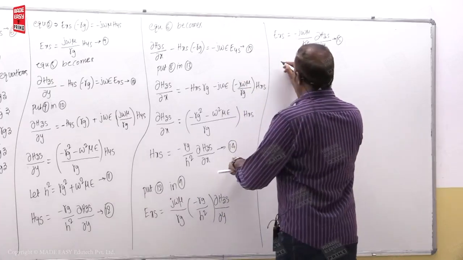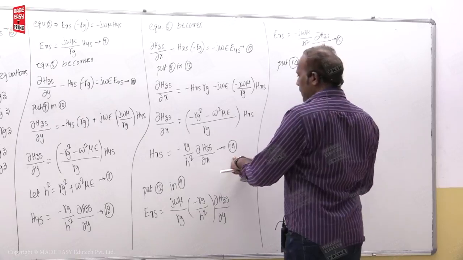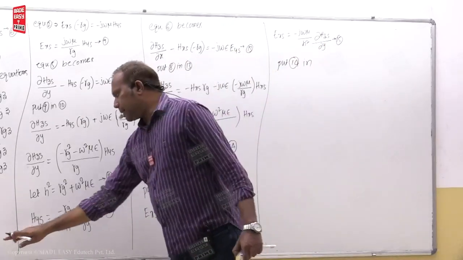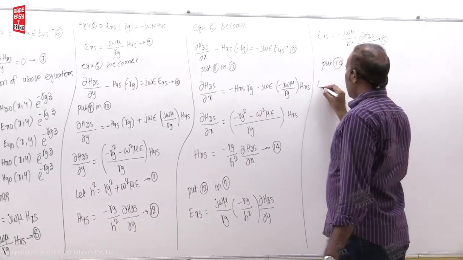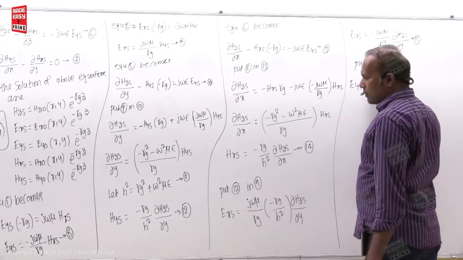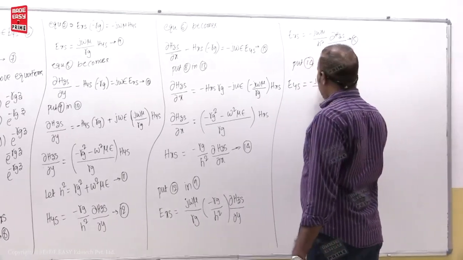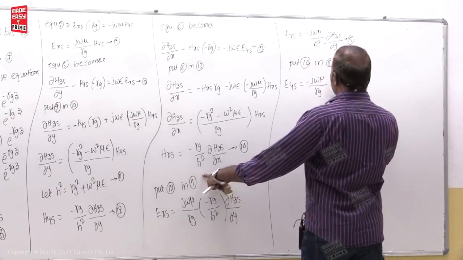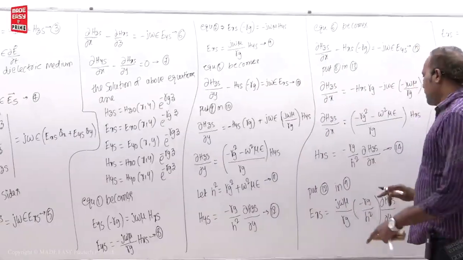Now let us substitute equation 14, put 14 in 8. That means EYS is equal to minus of j omega mu divided by gamma g, and equation number 14 is this one. In place of Hxs you have this one.